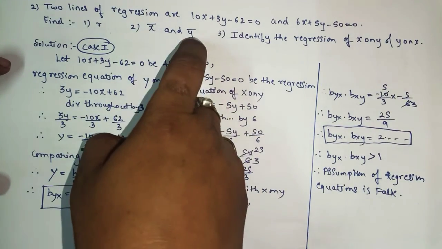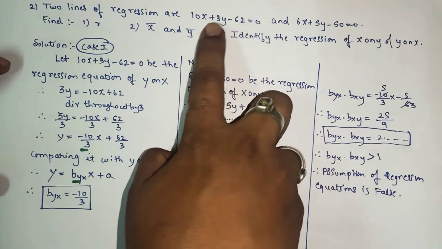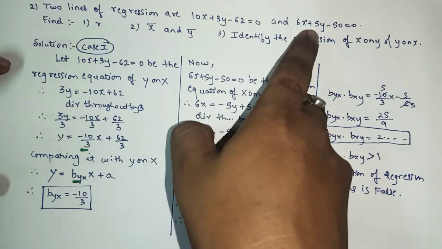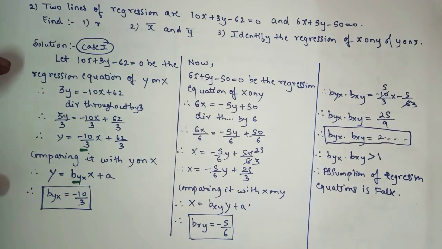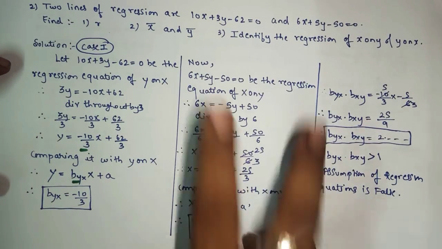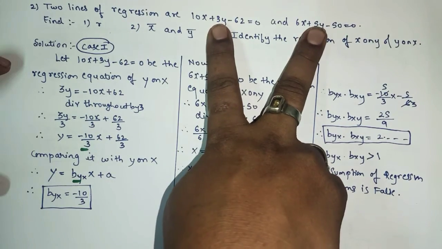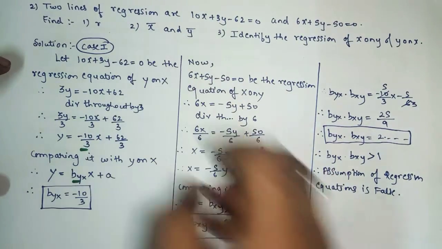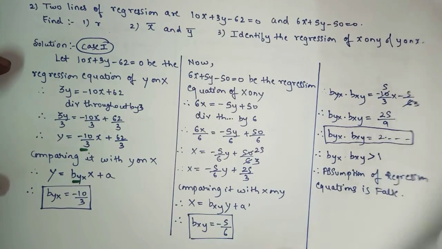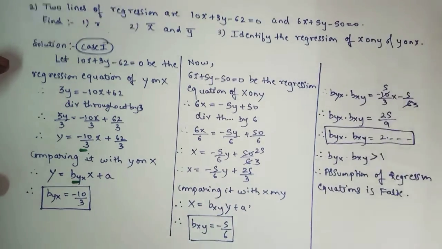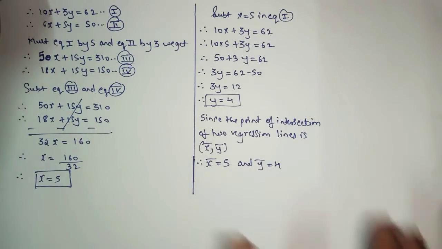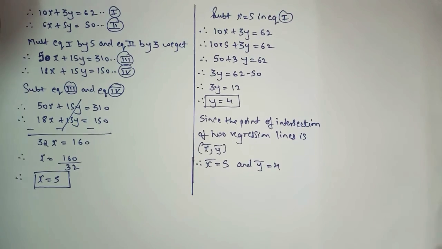Simply, you will solve these two equations simultaneously to get the values of x and y. Okay, so now, as here I had solved the sum, I will simply explain the presentation part.